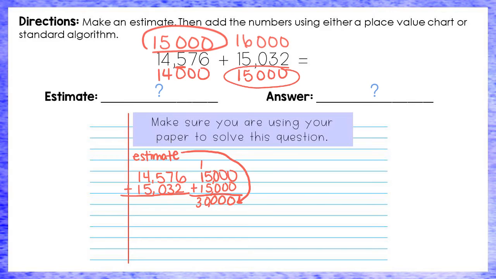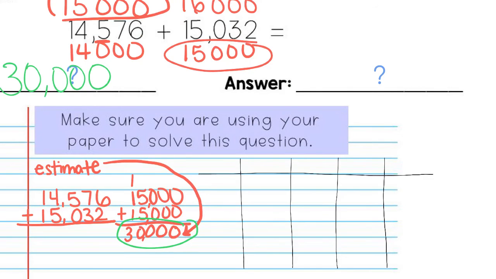Now I'm going to draw a place value chart in case that's the way that you want to solve this. Oh, sorry. And then your estimate needs to be written here. 30,000. Sorry, I ran out of room on my paper.